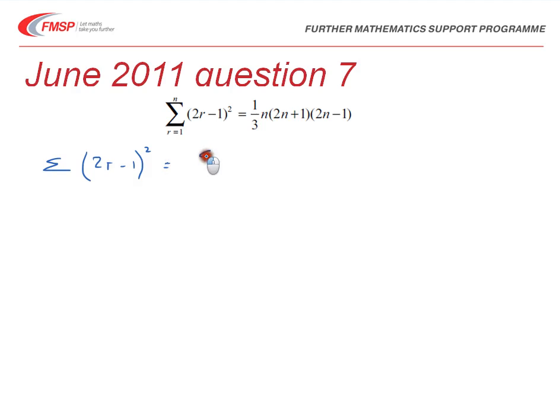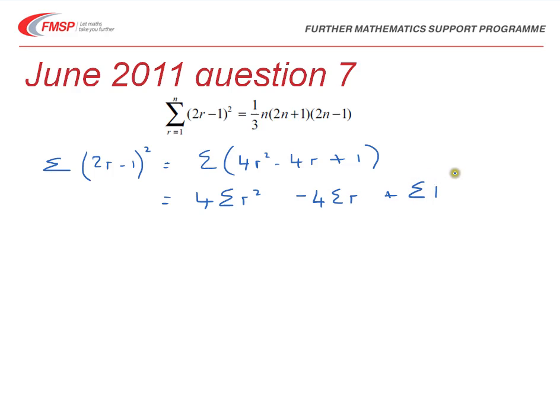So of course, that is sigma of 4r squared minus 4r plus 1, which we can then express as 4 sigma r squared minus 4 sigma r plus, I'm going to write it as sigma of 1. This is from r equals 1 to n.